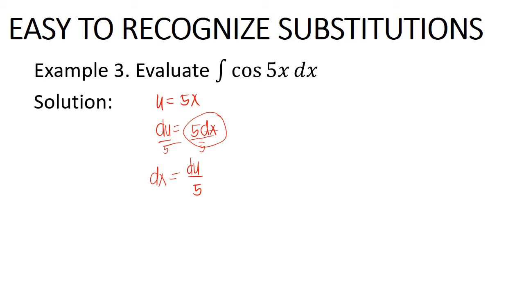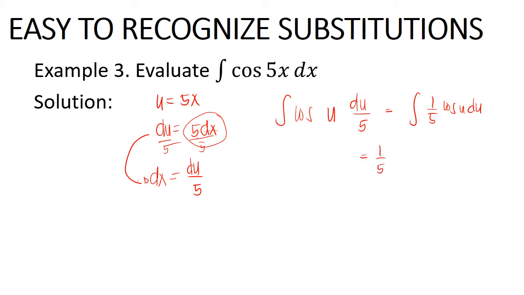Okay? Right? Like so. So, mapapalitan na ngayon yung 5x ng u. And yung dx natin, anong equivalent from this equation? Ang equivalent ng dx ay du all over 5, which is equal to integral ng 1/5 cosine u du. And again, 1/5 is a constant. So, pwede natin siyang ilabas. 1/5 integral ng cosine u du.